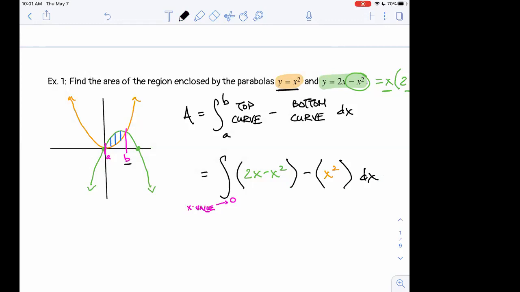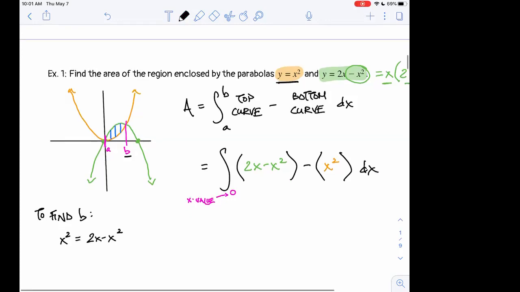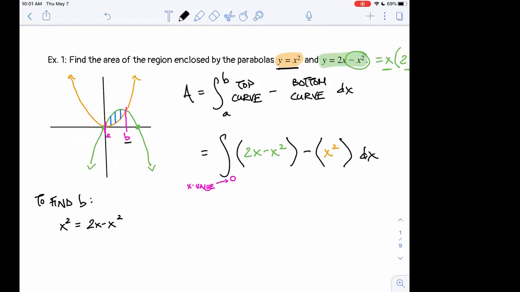Okay, so to find b, we're going to take x squared, which is the orange curve, and set it equal to 2x minus x squared, which is the green curve, and solve for x.